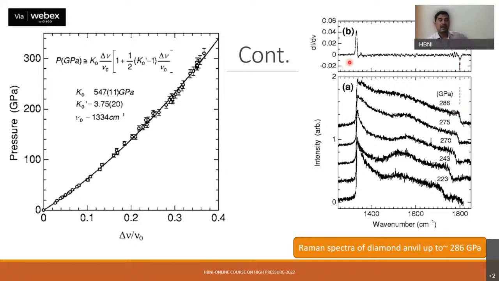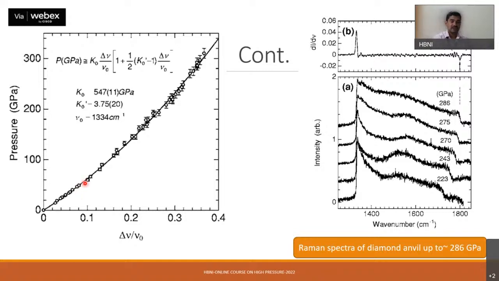You see at ambient condition the Raman peak comes at around 1333 centimeter inverse, and at 286 GPa this comes around 1801 centimeter inverse. So there is a huge difference of around 470 centimeter inverse going from ambient conditions to 1800 centimeter inverse. This shows the elastic response of the culet of your diamond anvil.